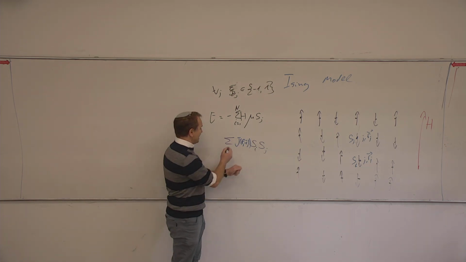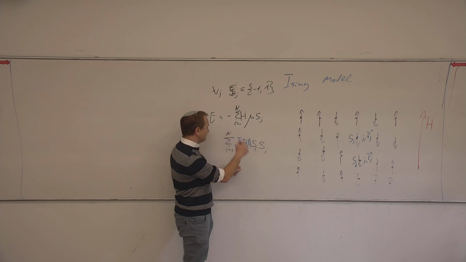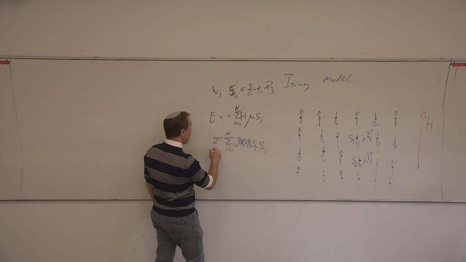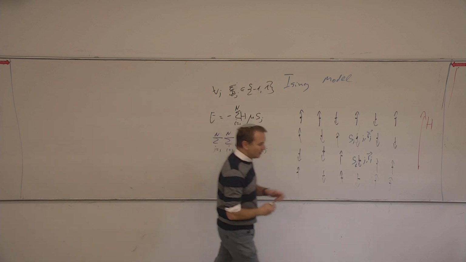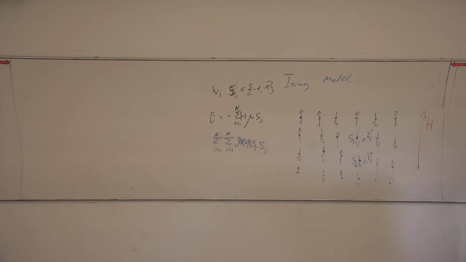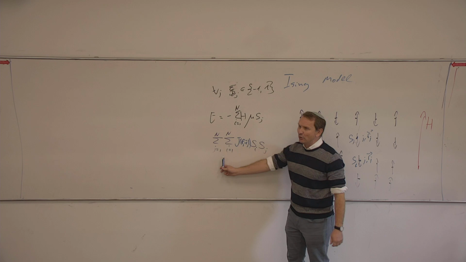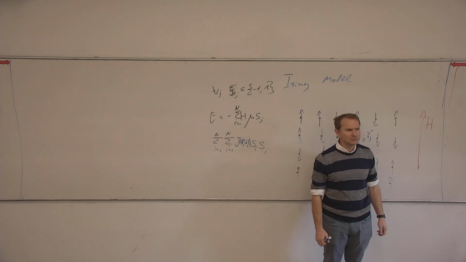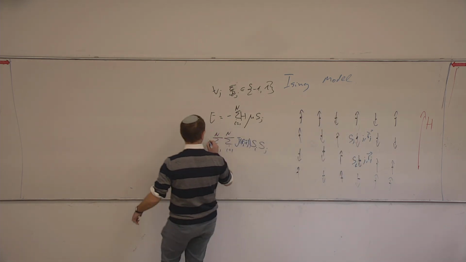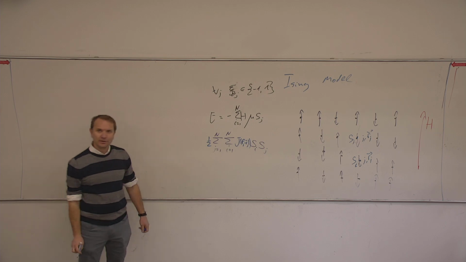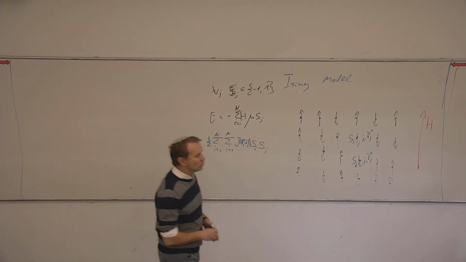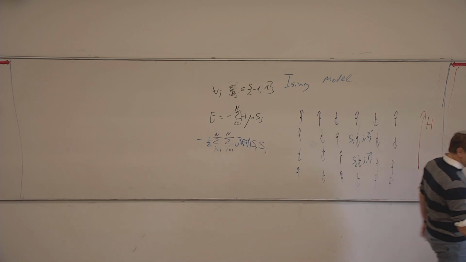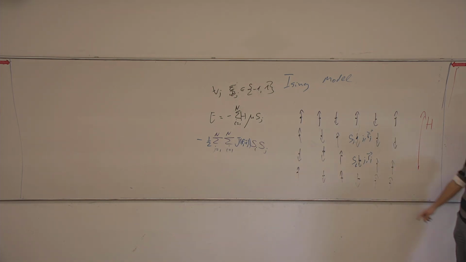So i goes from 1 to n, and j goes from 1 to n. Because with this summation we basically counted twice over all the possible pairs of spins inside the system, we add a factor of 1/2 over here. Of course, the minus should also be in front of the whole sum. So this is the Ising model. This is the energy.